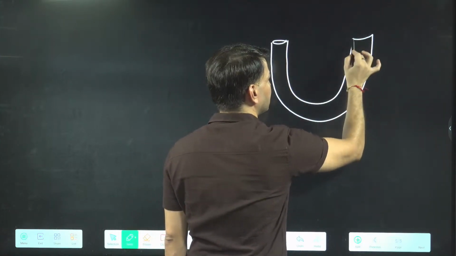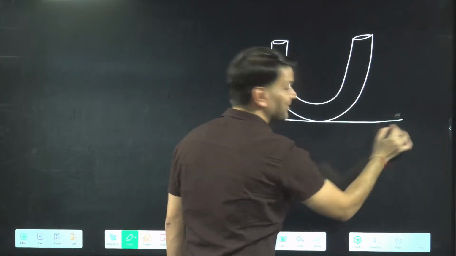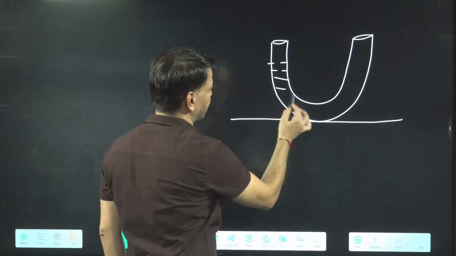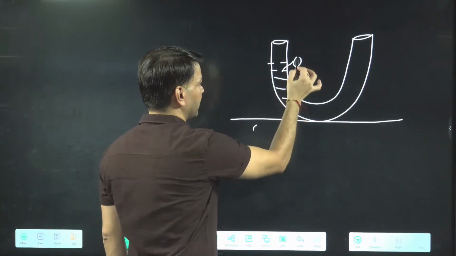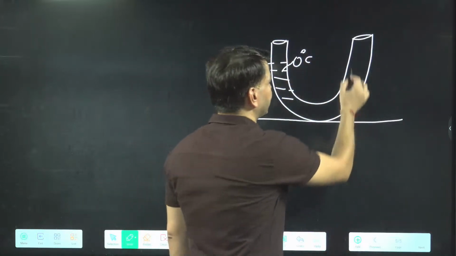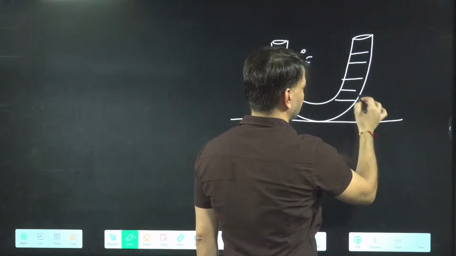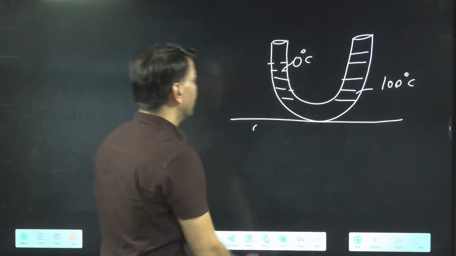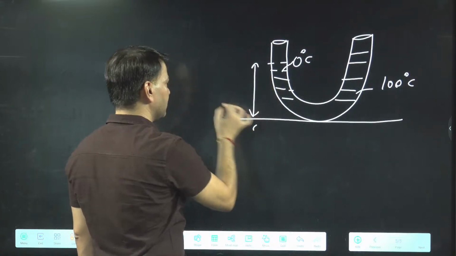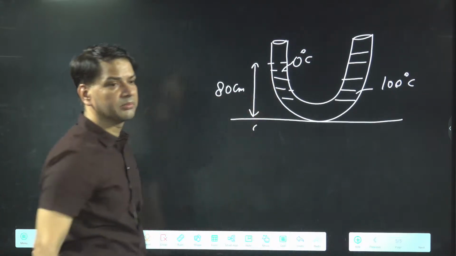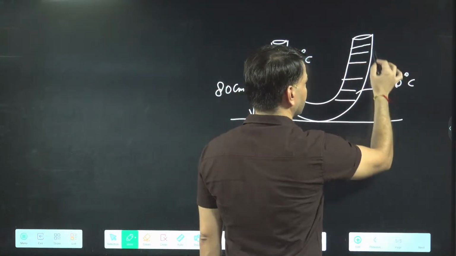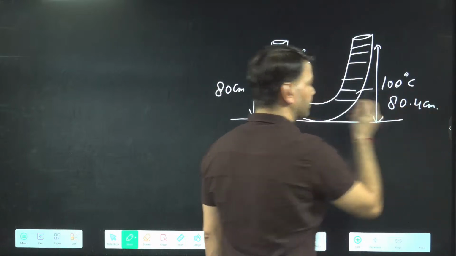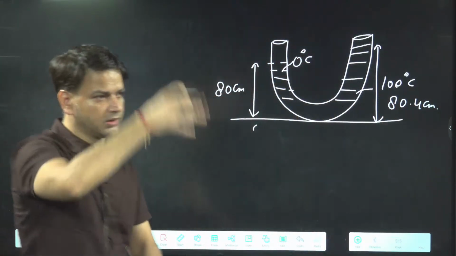Suppose I have a U-shaped tube containing the same liquid, but on this arm I am maintaining the temperature at 0 degrees C, and on this arm I am maintaining the temperature at 100 degrees C. Here the height of the liquid column I gave is 80 centimeter, and here the height of the column I gave is 80.4 centimeter.